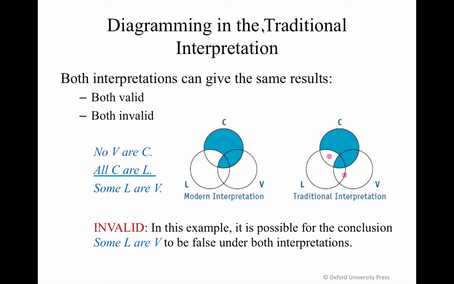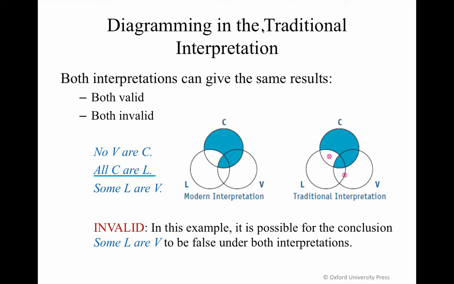No V are C tells us that the area of overlap between V and C is empty. In other words, you can't put anything there. But we do assume that there is at least one V, so there's an X on the line between the V area outside of and inside of the L category.